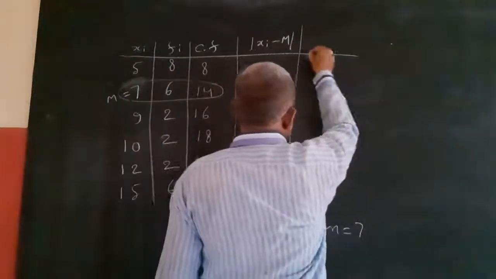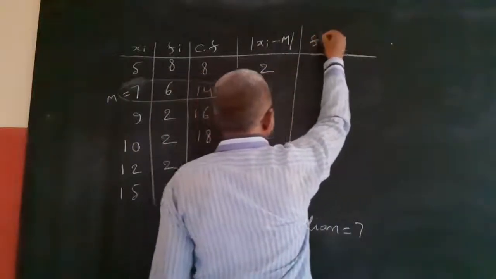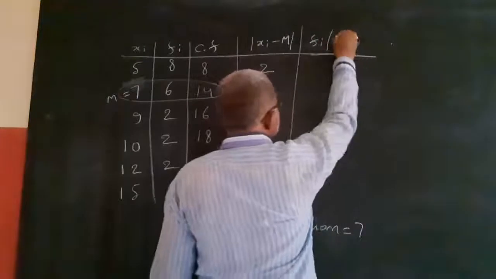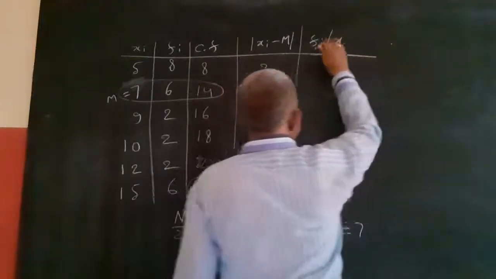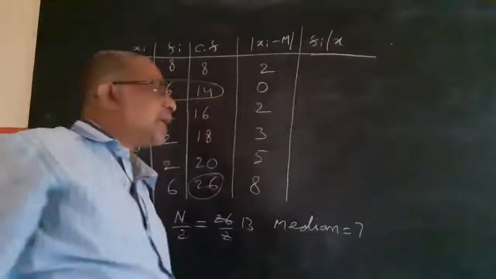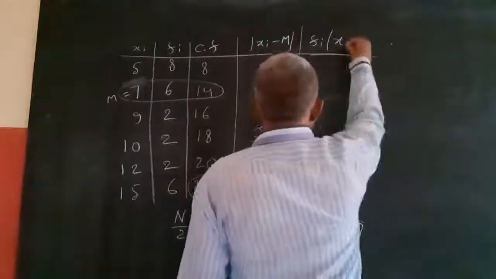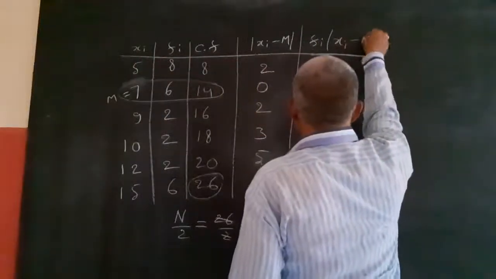Remaining part is as is. Only finding the median is important. Same as before, mean deviation is always Fi into xi minus x bar, or xi minus m if it is median. Now it is median, so xi minus m.